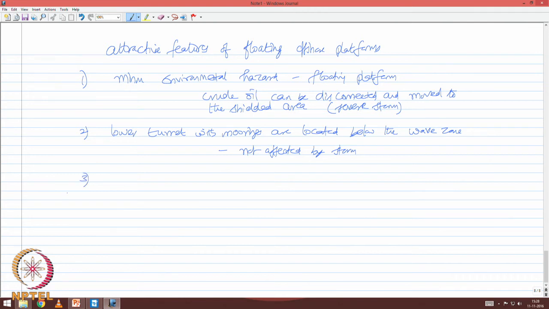The third attractive feature could be that the mooring system and the associated turret system are smaller in size.